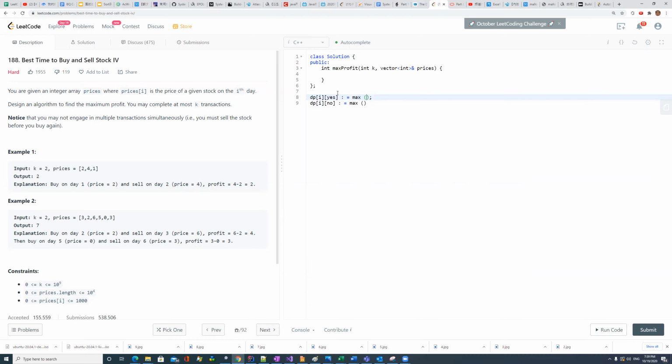The previous status is dp[i+1] with no stock, and I will buy it.